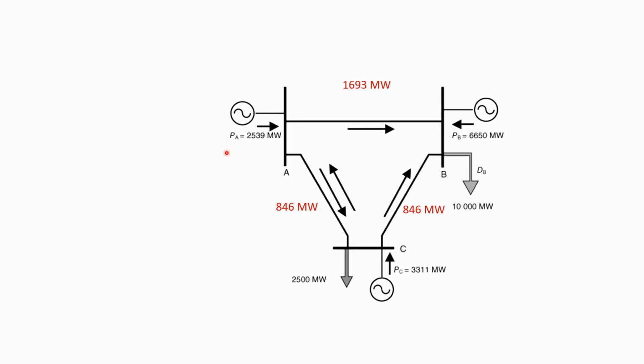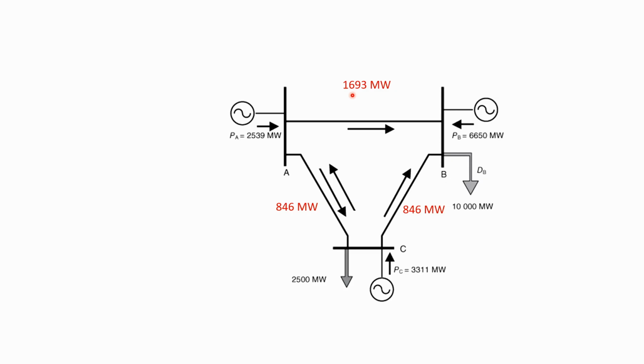In this case, we have a production here that should be exported to B, because we need more power in node B. But we can see there is also an excess amount of power in node C, so some of the power that is needed in node B will also come from node C. We start by saying that we want to export this amount of power to node B, and 2/3 of this amount will go through this line.